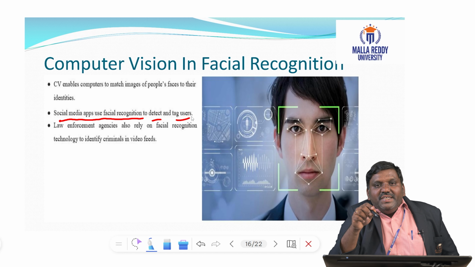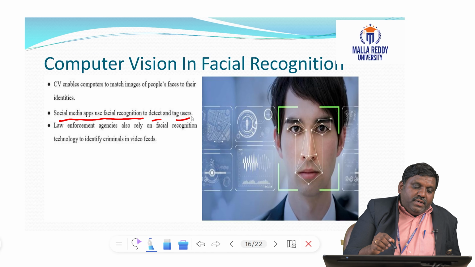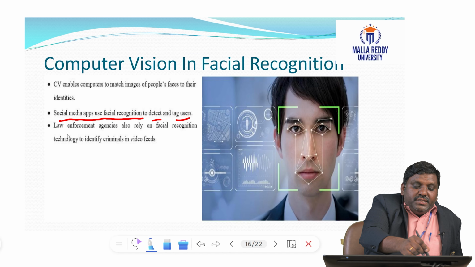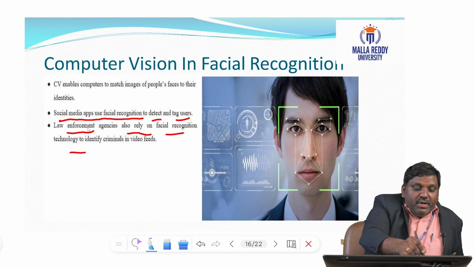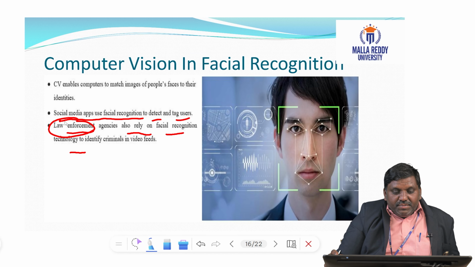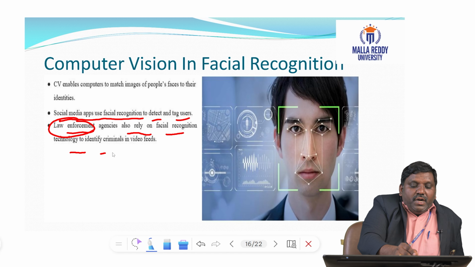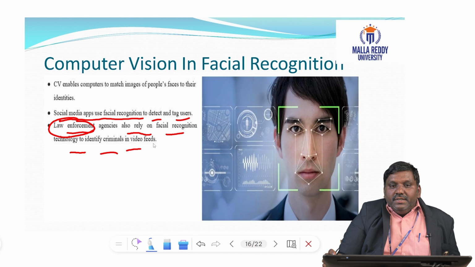Then we come to the next one, law enforcement agencies. Nowadays they are really benefited with the help of this facial recognition system. In order to identify criminals in video feeds, they are using this model.